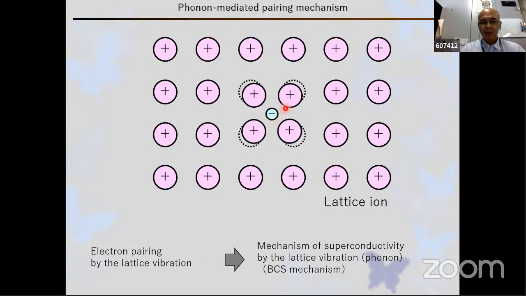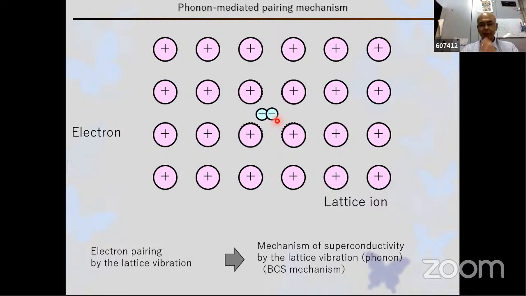This atom would like to come back to the original position, even after being pulled to the electron side. In this case, if another electron is very near to the first electron, this electron is pulled by the returning atom.